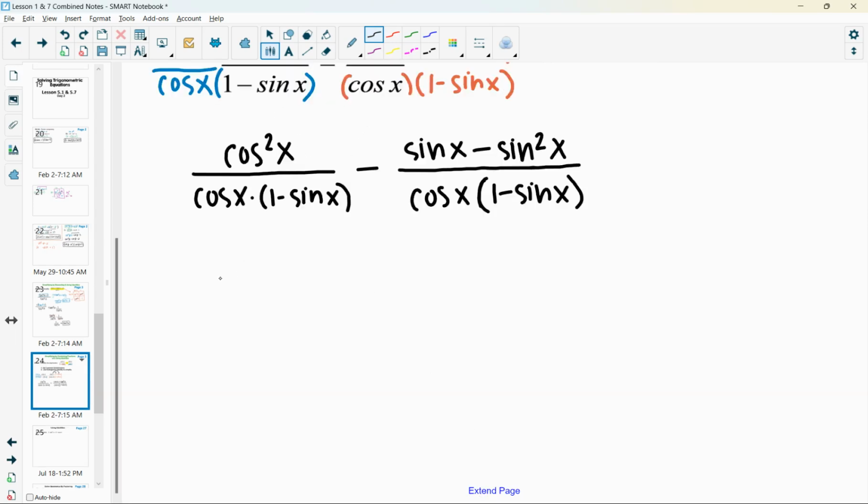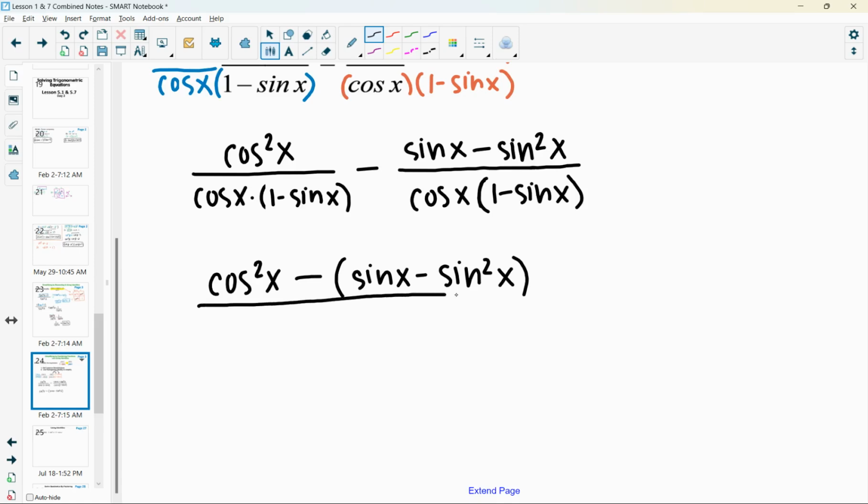Okay, so then the top, we end up with cosine squared x, and then you're subtracting this whole top piece over here. So I'm just going to write this out so you can kind of see this happening. But when we have common denominators, we just subtract the tops when the bottoms are the same. So we have this whole thing over this one denominator of cosine times 1 minus sine. And then you just got to be careful here because you want to distribute this negative in, right?